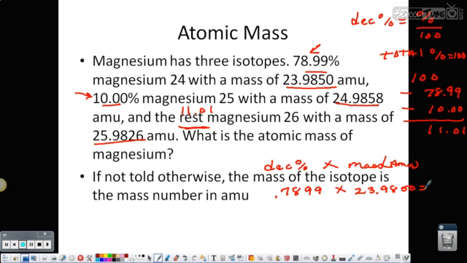Enter. And the answer is 18.95 AMUs. Then our other decimal percent is 0.1000 times 24.9858, and that's going to equal, to 4 significant figures, 2.498.